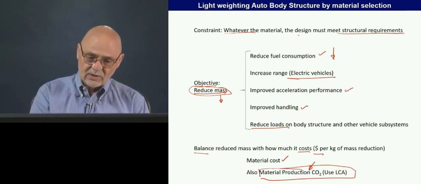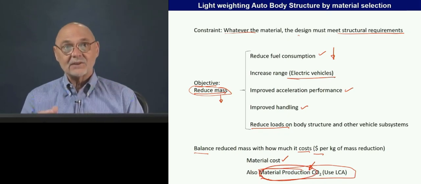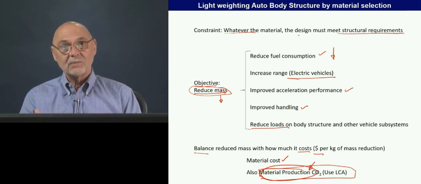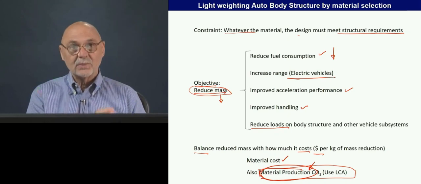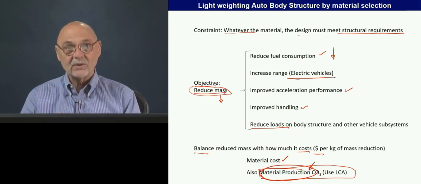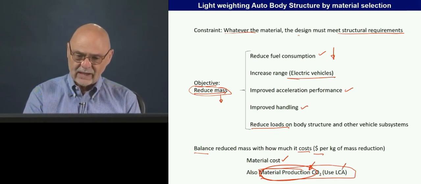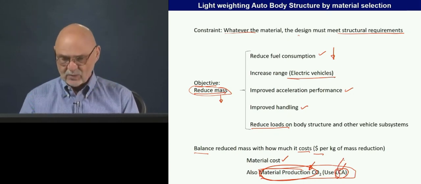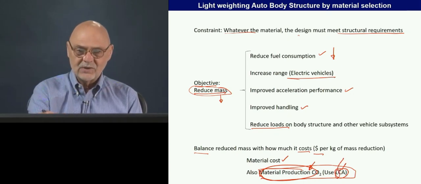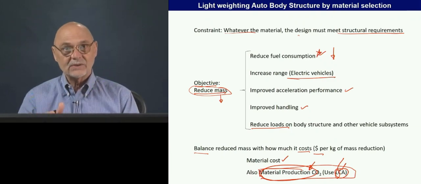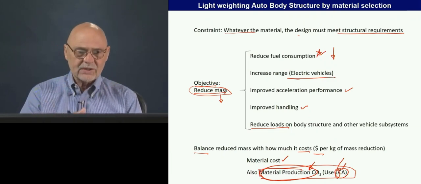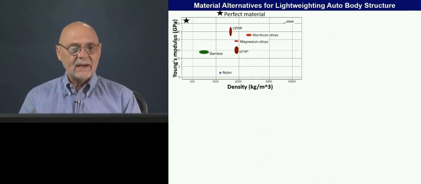However, for many of these lightweighting materials, it takes more energy to produce the material. So during the material production phase, there's generally an increase in CO2. So we might not end up with a net benefit. That's the whole idea of looking at the life cycle assessment rather than just an individual stage in the process. So let's look at these properties.